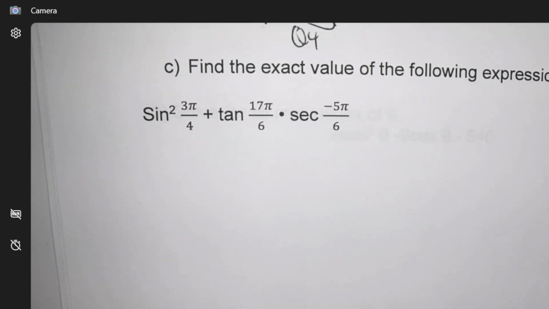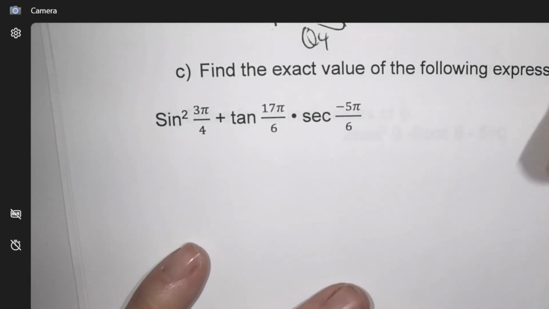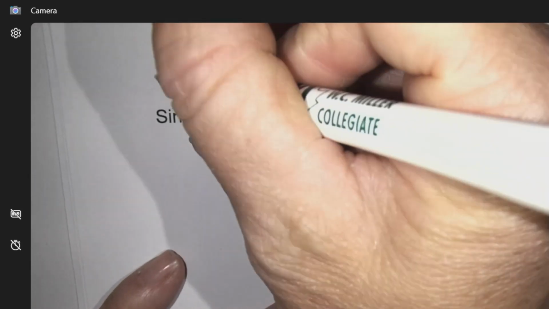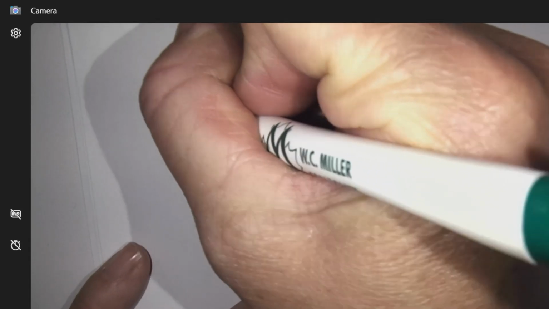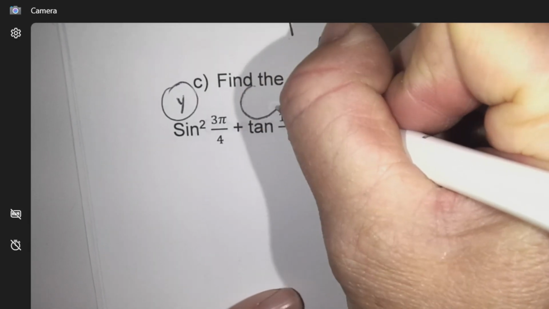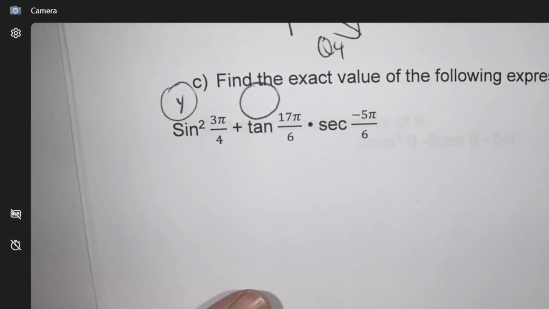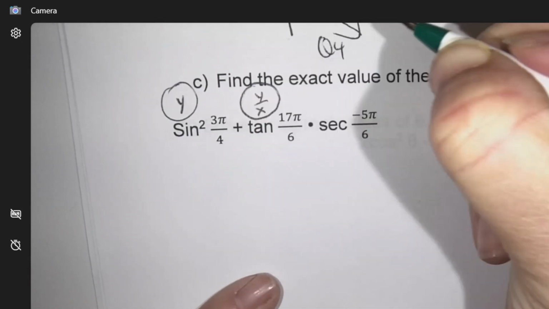Okay, so those were just one-steppers. So now this would be more like your test question, because you're going to have multiple things going on. Okay, so let's write down the what's on the top here. So the sine, the what is going to be to figure out y. The tangent, it's y over x.